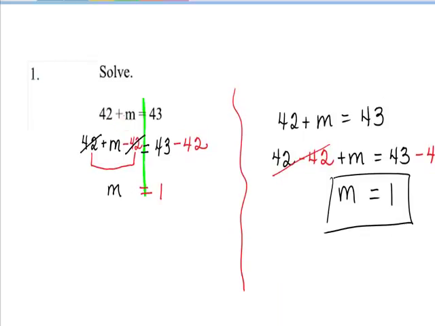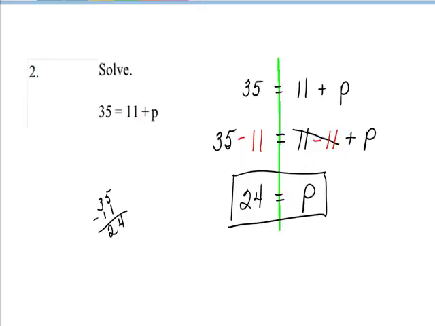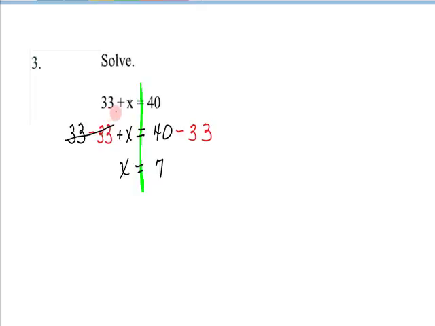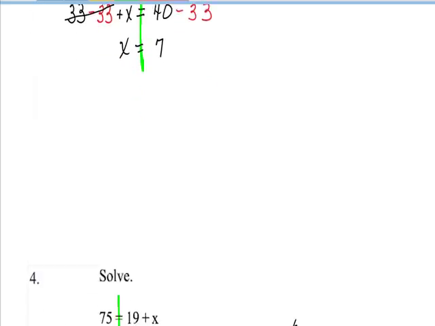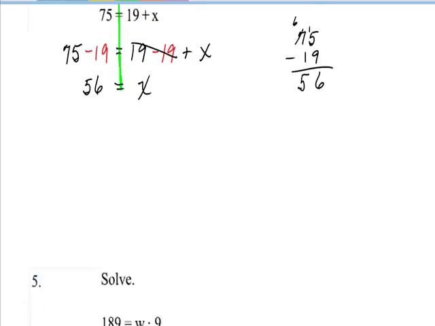This one was on the left. This one was on the right. Back to the left. And back to the right. And it didn't matter. We always use subtraction to eliminate this whole number that's been added over here. We're going to change up as we get to problem number 5.